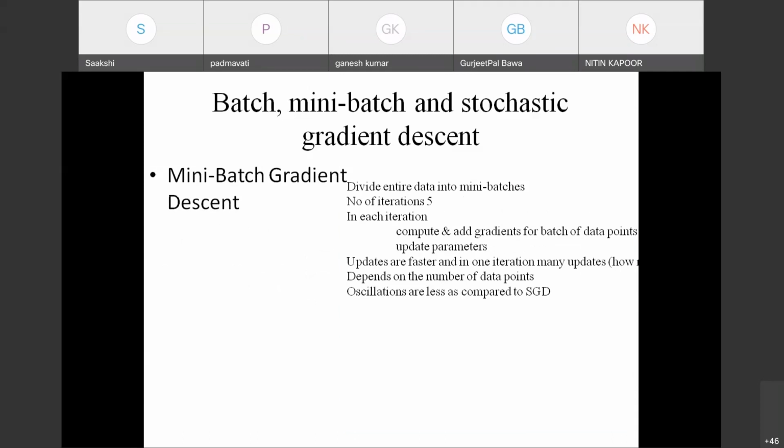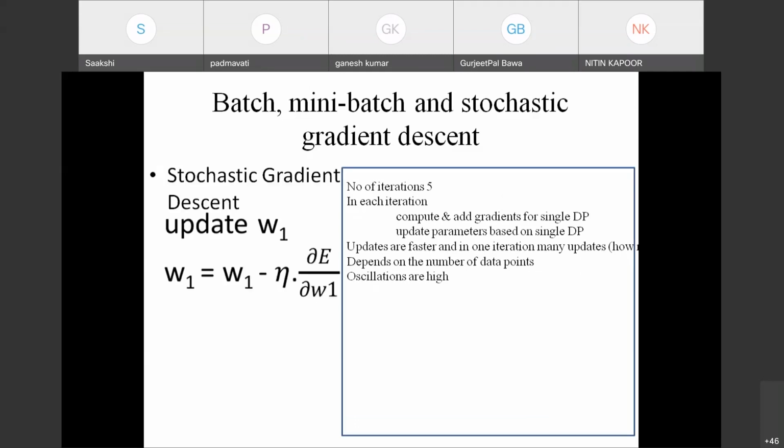We have seen in the previous gradient descent, batch gradient descent, which most authors simply call gradient descent, it takes time for a single update. Whereas in stochastic gradient descent, we are doing updates with each single data point, so we are doing updates very quickly.